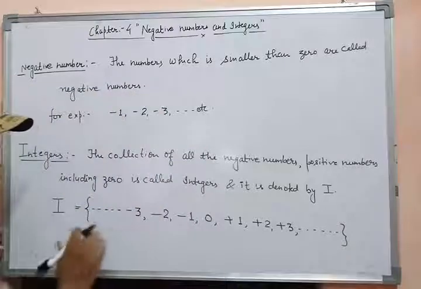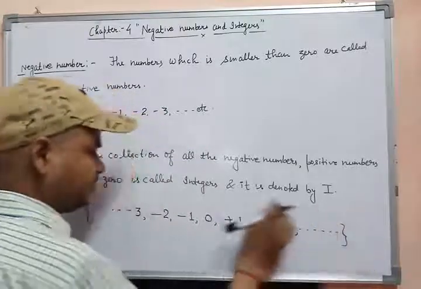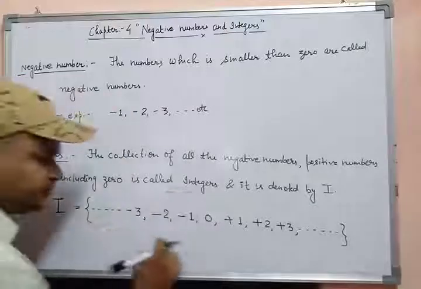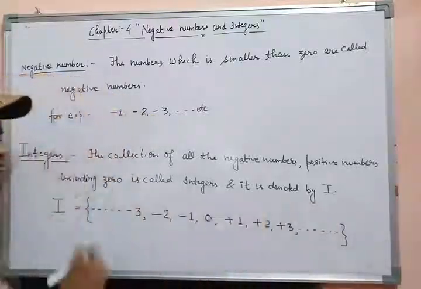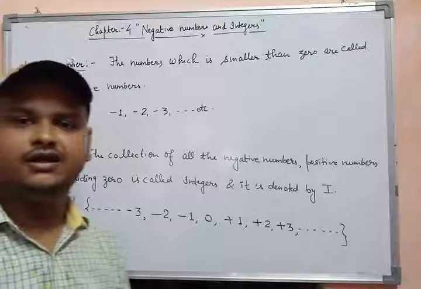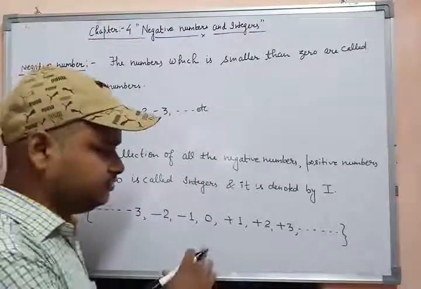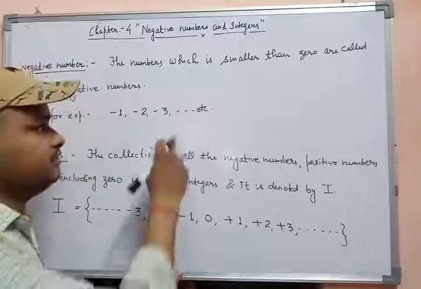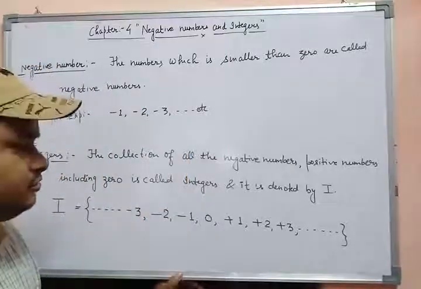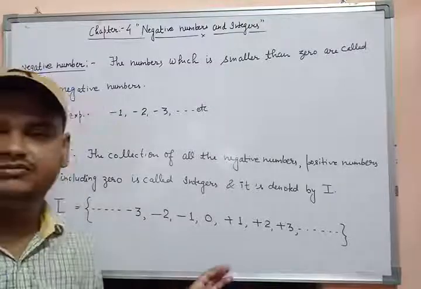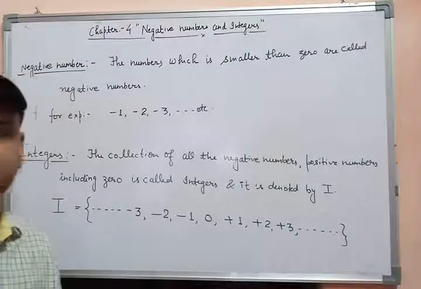Okay, so students, this is the whole collection of all the negative numbers and all the positive numbers, including 0, called the integers. So this is the concept of integer and this is the concept of negative number. Before moving on to the next concept, pause the video to note it down in your copy or take a screenshot.